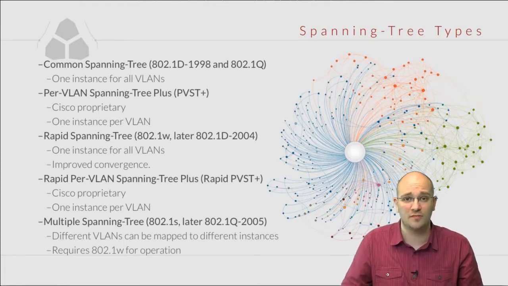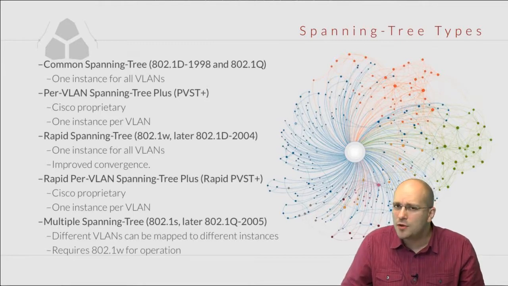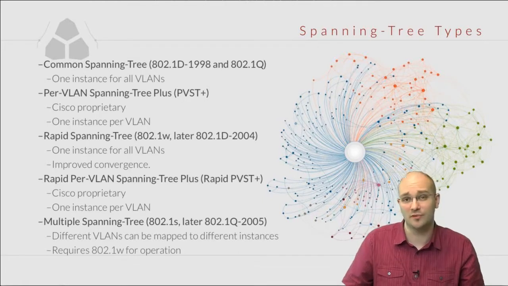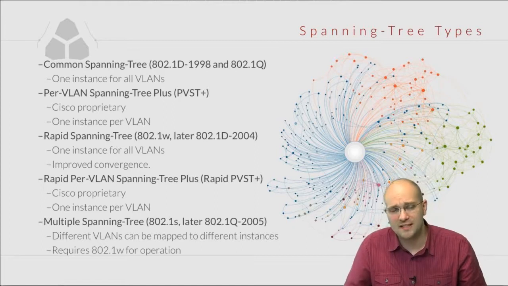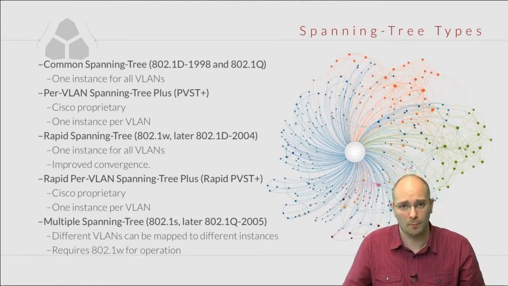If we have 256 VLANs, we are going to have 256 instances of spanning tree. You may begin to see the problem with this approach from the standpoint of the CPU on the switch. Both of these are relatively slow to converge in case of a problem in the network, in case of a failure, a link going down or a link going up.